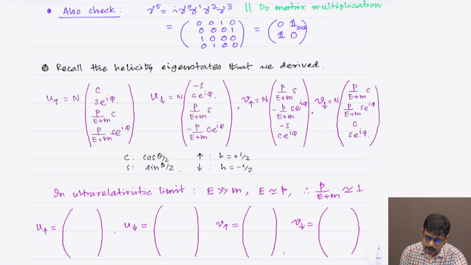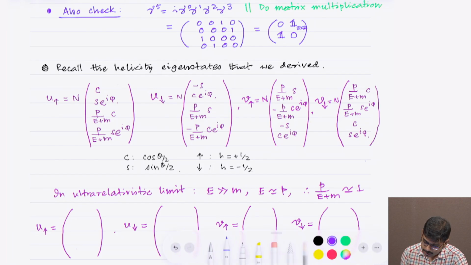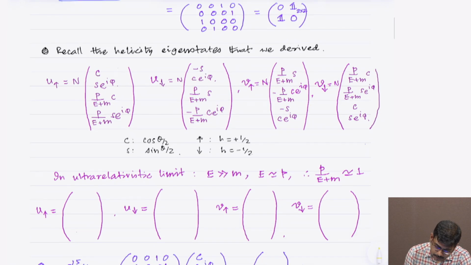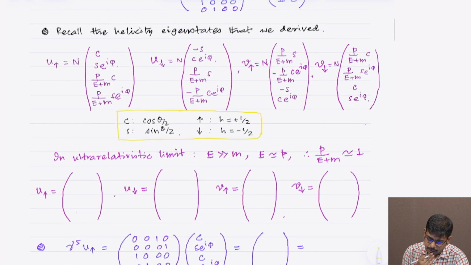Up basically means H equal to plus half, and down means H equal to minus half. So these are helicity up and helicity down, or helicity right and helicity left, whatever notation you want. This is something that we solved in detail.